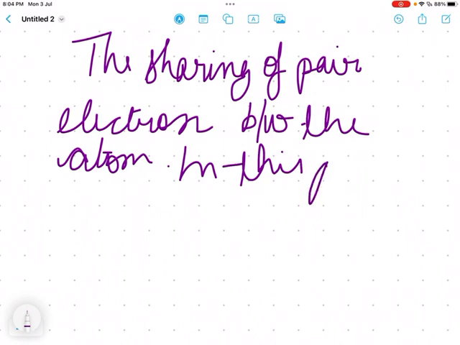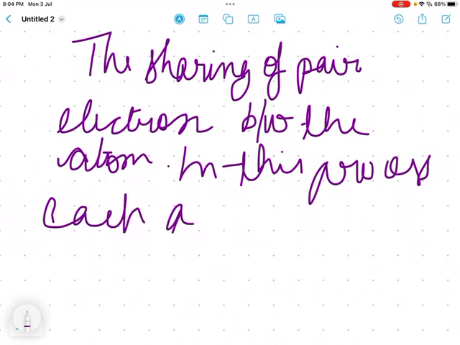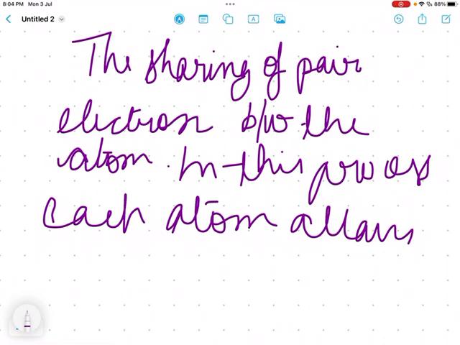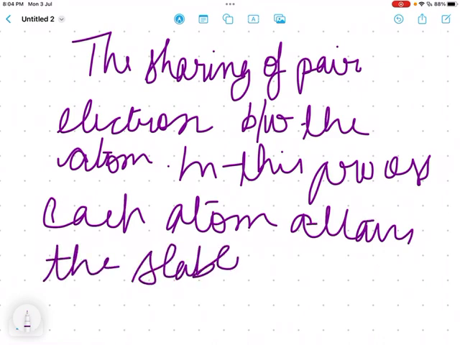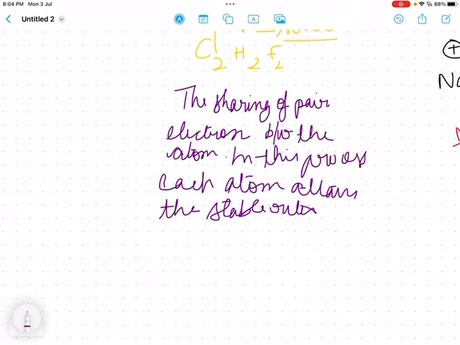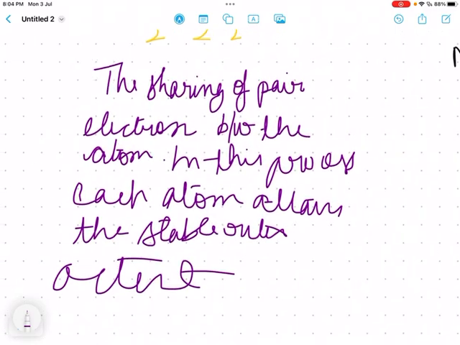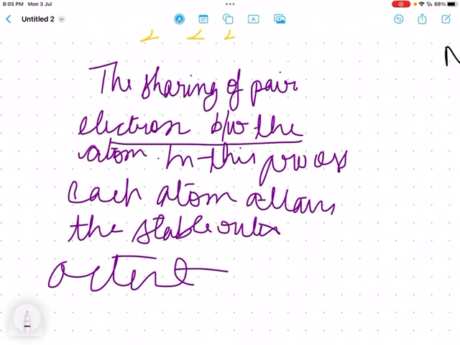Each atom attains the stability of the outer shell, a stable outer octet.